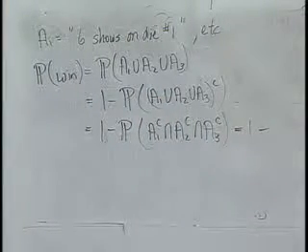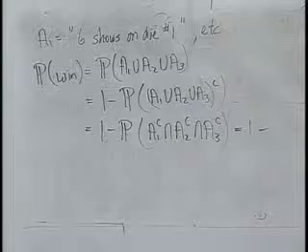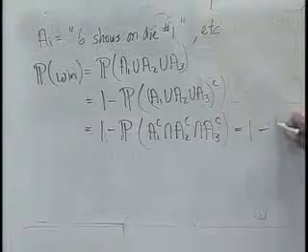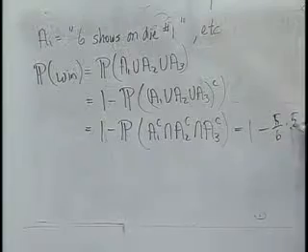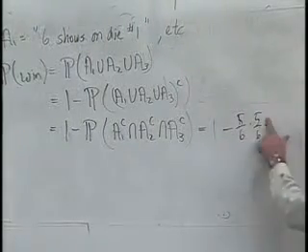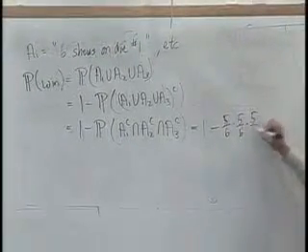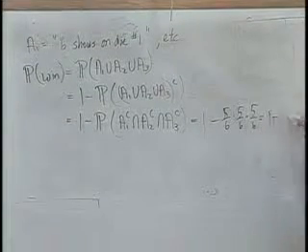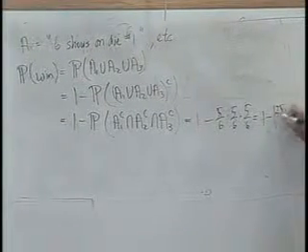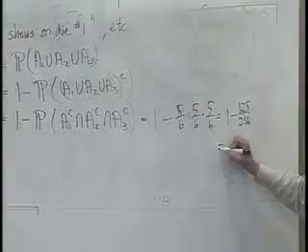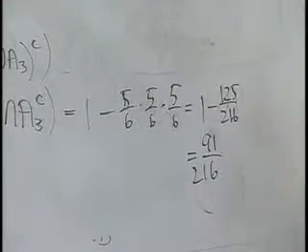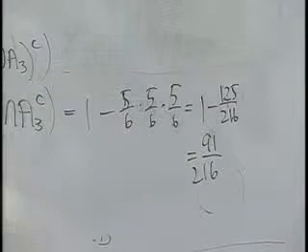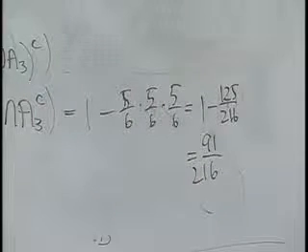What's the probability of A1 complement? 5/6. The probability of A2 complement is also 5/6. The probability of A3 complement is 5/6. So this is 1 minus 125 over 216, which is 91 over 216. So I have considerably less than a 50% chance of winning this game.